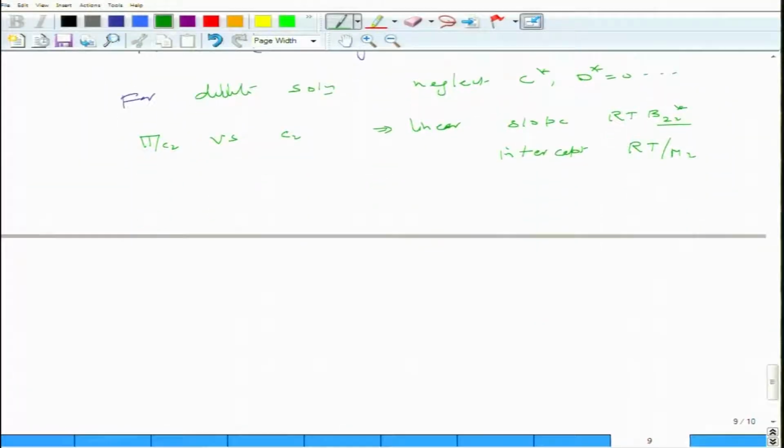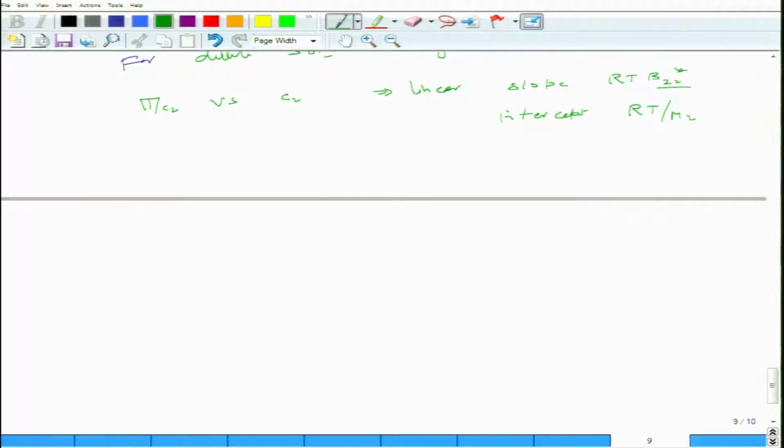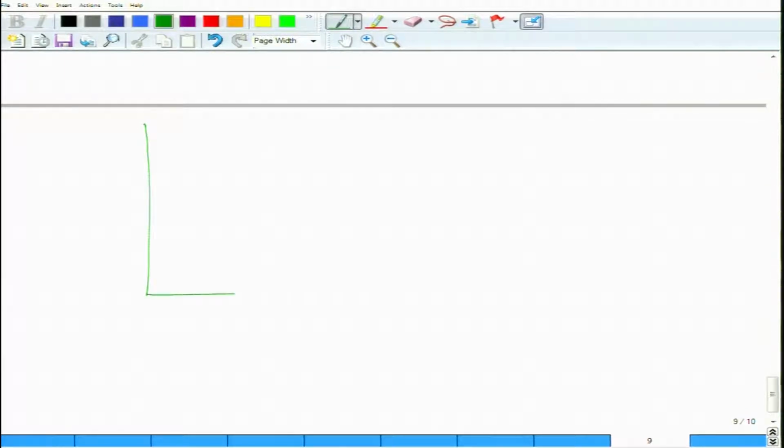So, let us consider some examples which have been done by a few researchers. Here I am going to draw three different biomolecules, with pi by C2 in units of Pascal liter per gram as a function of protein concentration in gram per liter.